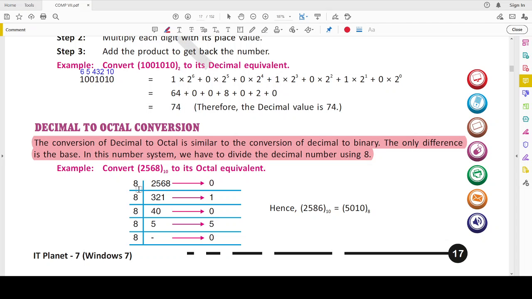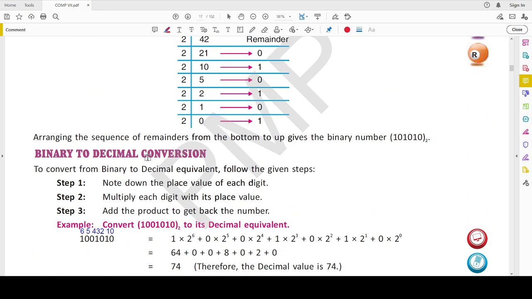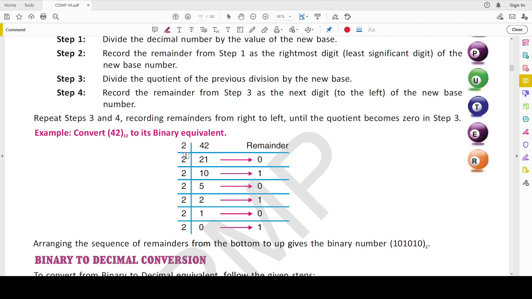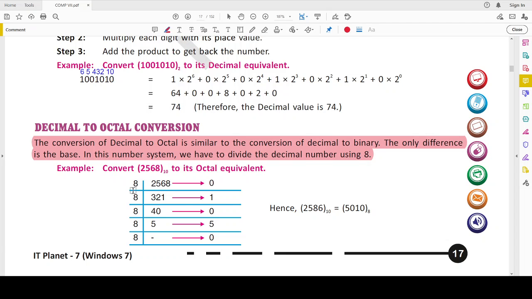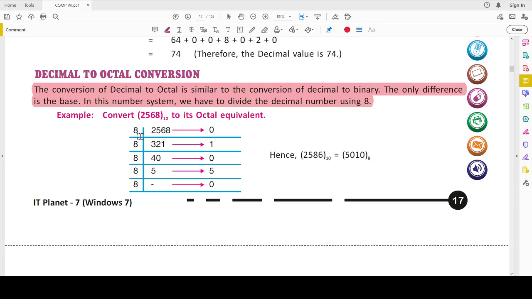We were dividing by 2, dividing by the base of the binary number system. Now we'll divide the decimal with the base of the octal number system, right? Divide it with the base of octal number system, and similarly collect the remainders and write the remainders in the reverse order. We will go on dividing till we get a 0, till there is no remainder.